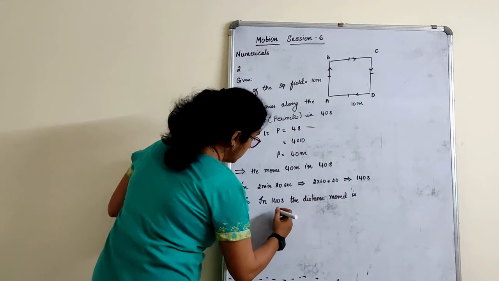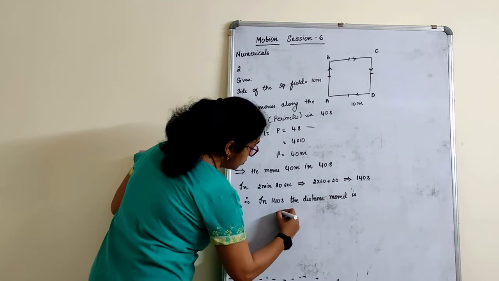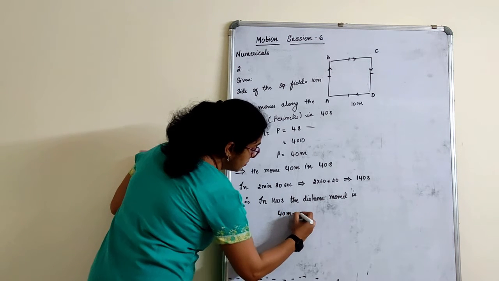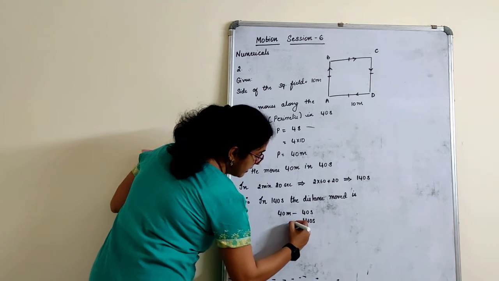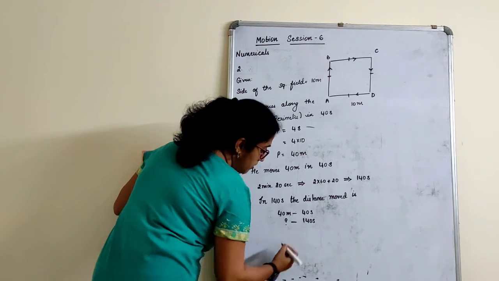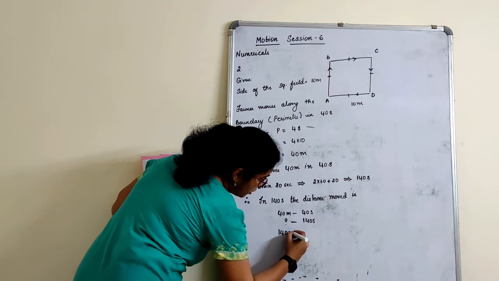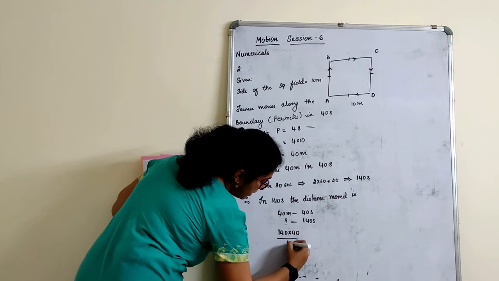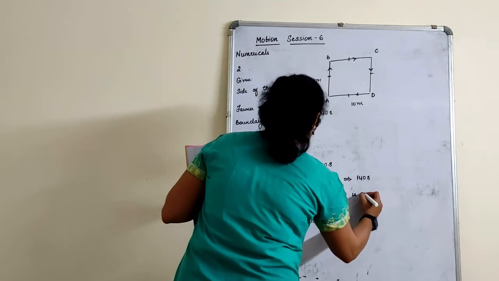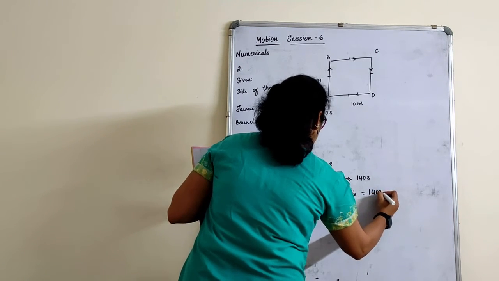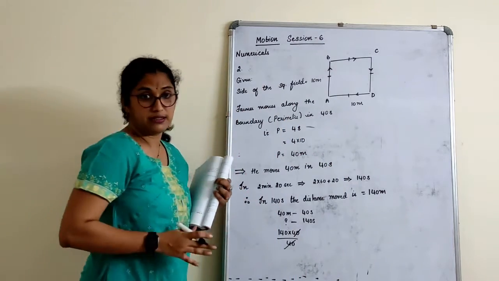We have to just calculate. He moves 40 meter in 40 seconds, so for 140 seconds, it is a question mark. 140 into 40 by 40. Simple calculation. You get the answer: in 140 seconds, he moves 140 meter. Keep this as it is.